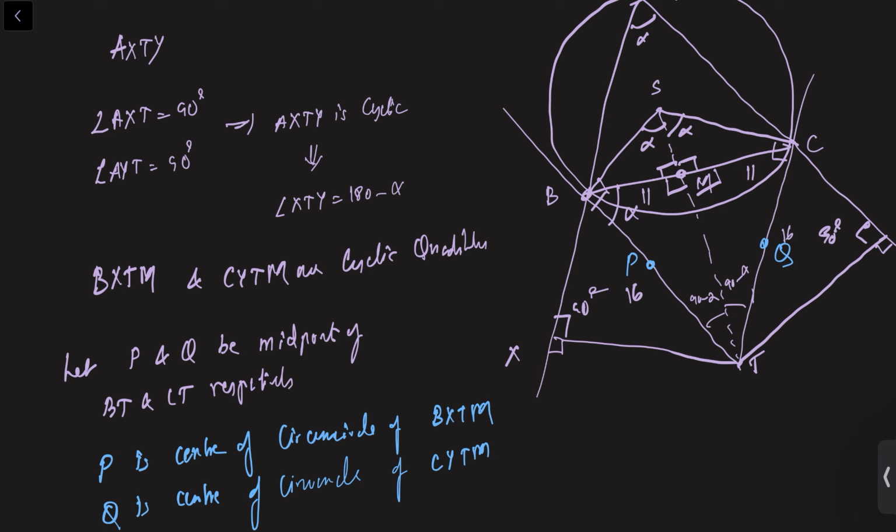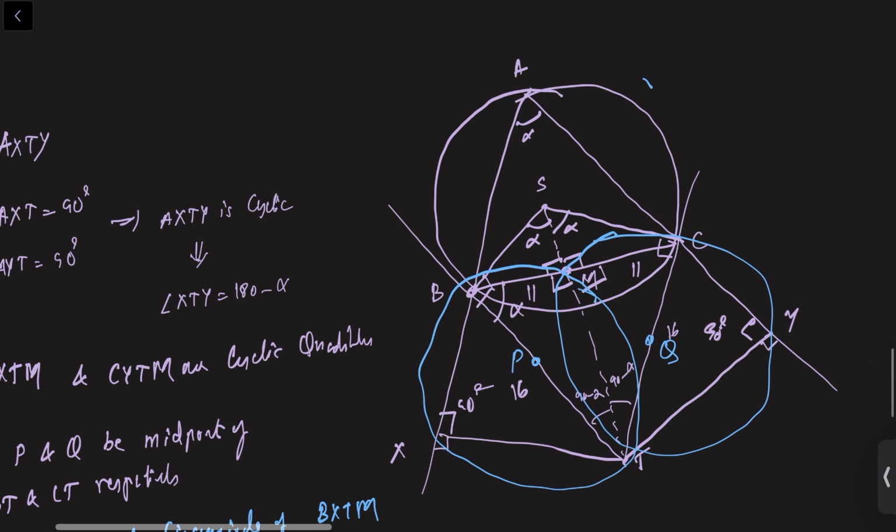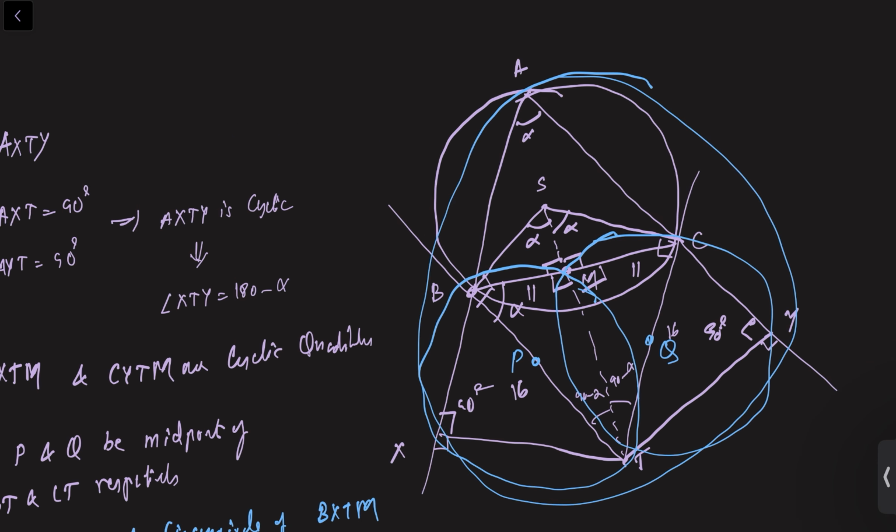So basically these two are cyclic quadrilaterals, and even this big one is also one more cyclic quadrilateral.